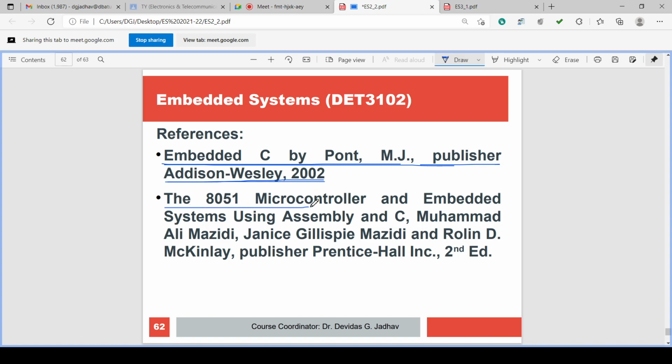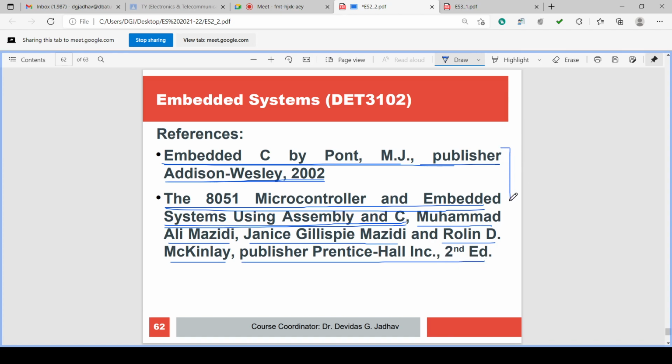The 8051 Microcontroller and Embedded Systems Using Assembly and C. Authors Muhammad Ali Mazidi, Janice Gillespie Mazidi, and Rolin D. McKinlay. Publisher Prentice Hall, 2nd edition.